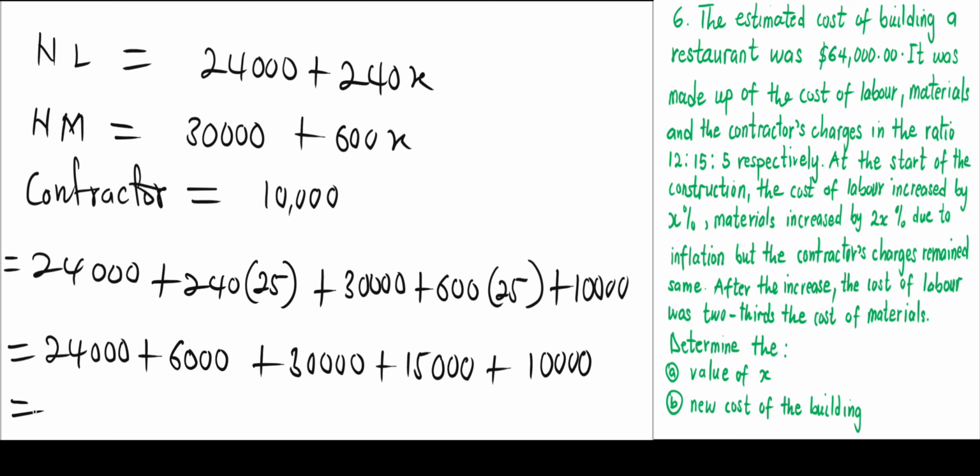So we are going to get 24,000 plus 6,000, okay, plus 30,000 plus 15,000, good. Then plus 10,000. All right.